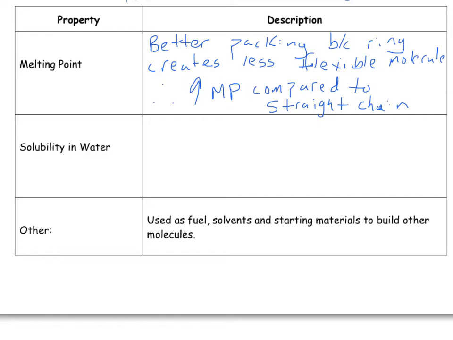Now, bending the molecule and bonding it so that it's in a ring does not make it polar. So because they are nonpolar, they are only attracted to water with weak dipole-induced dipole, therefore they have low solubilities.